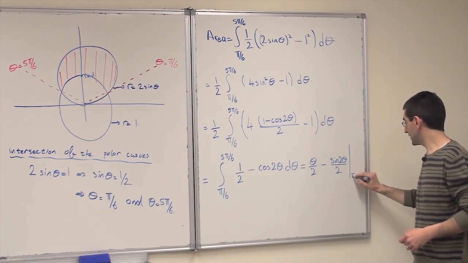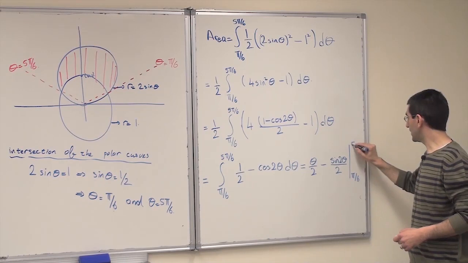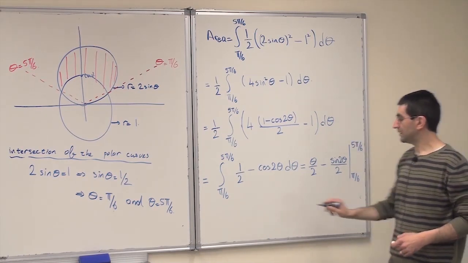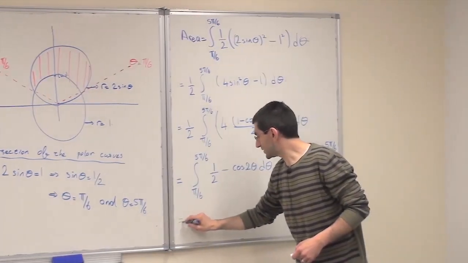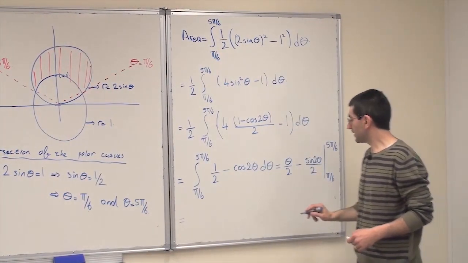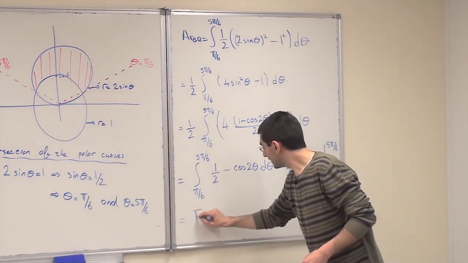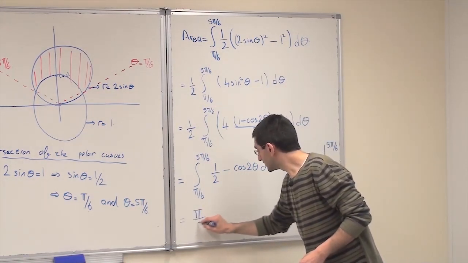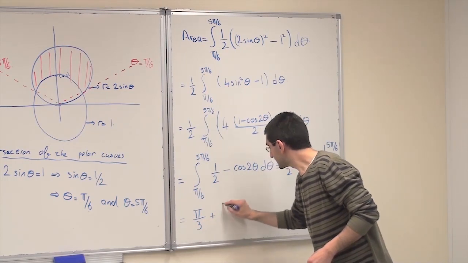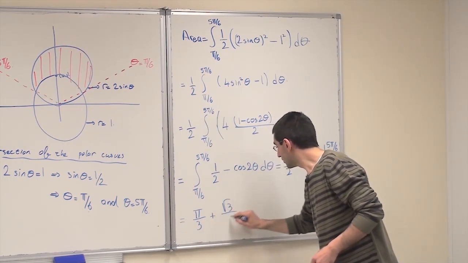Our boundaries are pi over 6 to 5 pi over 6. And when we evaluate our function at these boundaries, we find pi over 3 plus square root of 3 over 2.